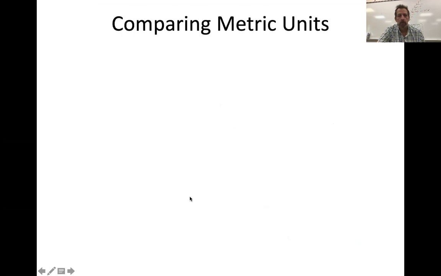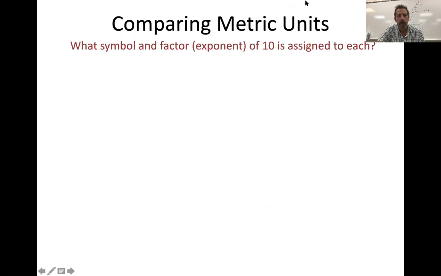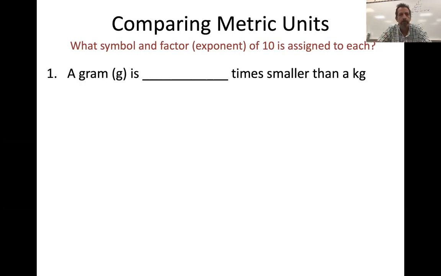What we're going to do is take a look at how we compare metric units. What we have to ask ourselves is, what symbol and factor of 10 is assigned to each? If we know that, there's a real quick, efficient way to compare one metric unit to another to describe how many times larger it might be or smaller. So here's a gram. We want to compare a gram to a kilogram.